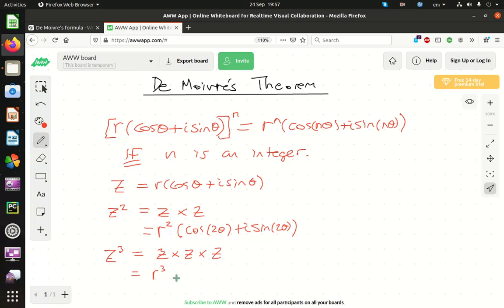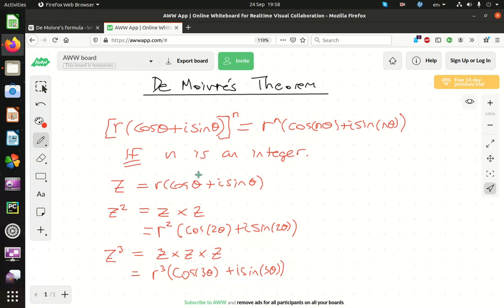Remember, multiply the moduli together, but sum the arguments. Well, now this time, this one's got an argument of theta, that one's got an argument of theta, that one's got an argument of theta. So obviously it's going to be cos 3 theta plus i sine 3 theta. So that's to give you an intuitive understanding of this. It's really just an extension of this idea that we multiply the moduli, but we sum the arguments.